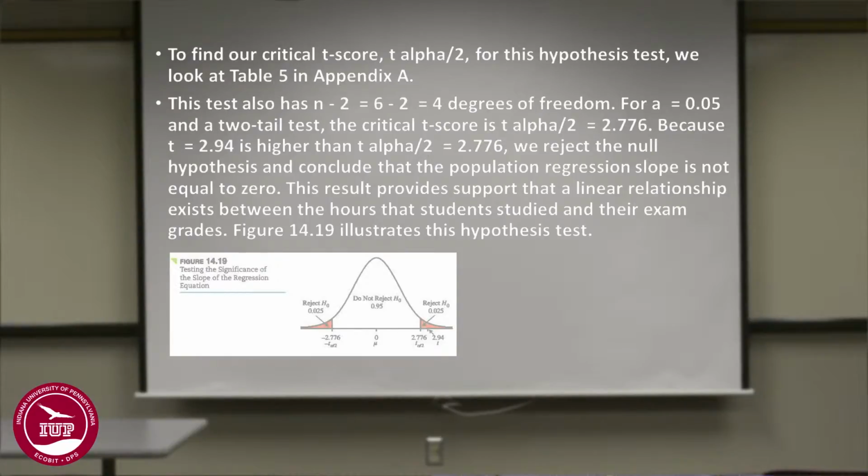For alpha equal to 0.05 and a two-tailed test, the critical t-score is t alpha divided by 2 equal to 2.776. Because t equal to 2.94 is higher than t alpha divided by 2 equal to 2.776, we reject the null hypothesis and conclude that the population regression slope is not equal to 0.